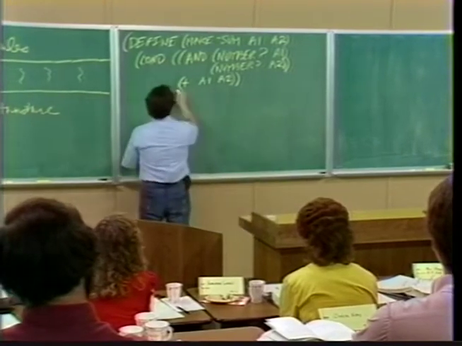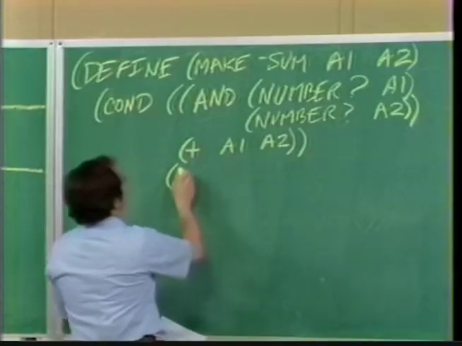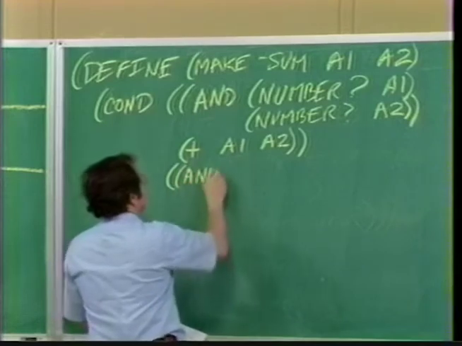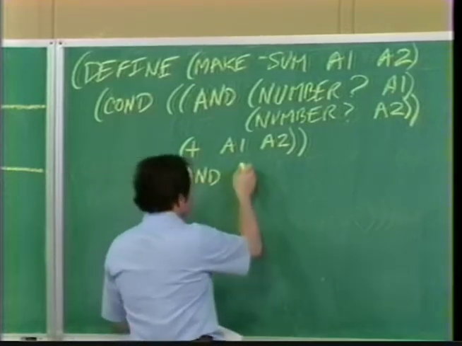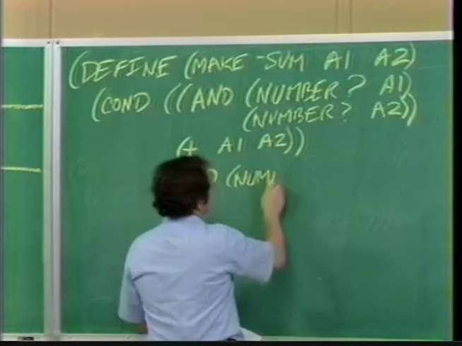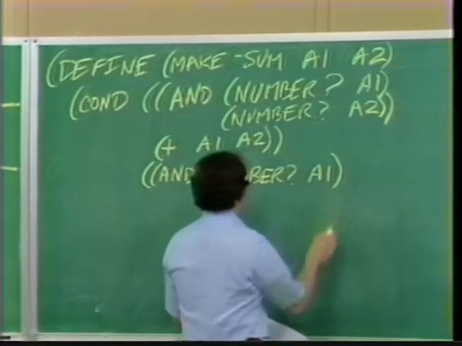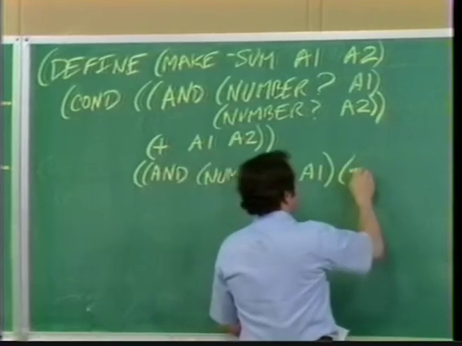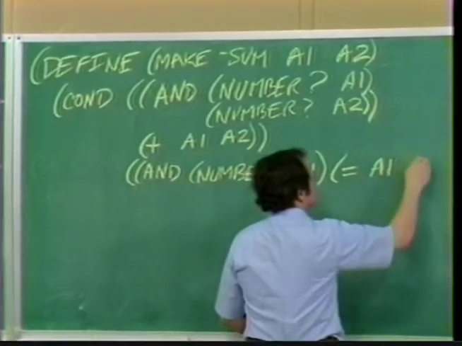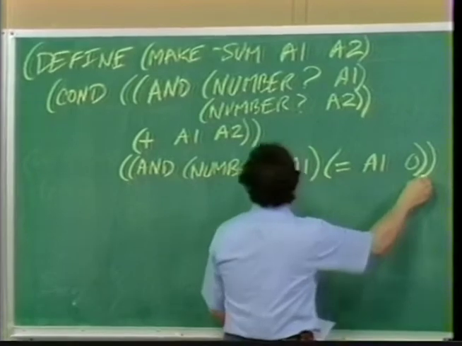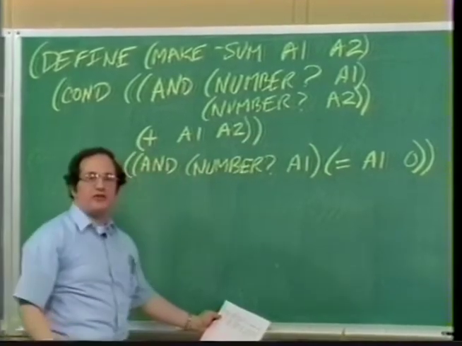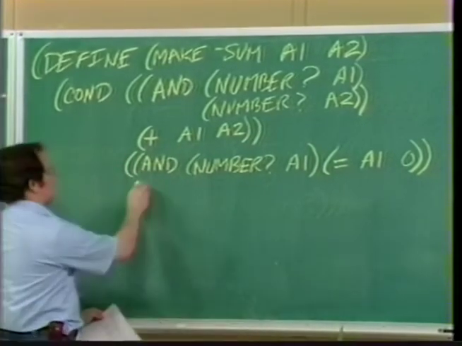And for example, supposing A1 is a number, if A1 is a number and it's equal to 0, well then the answer is just A2. There's no reason to make anything up.